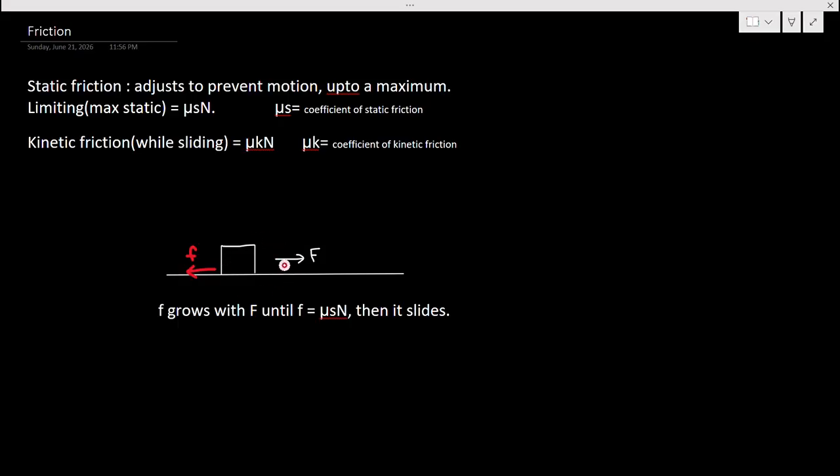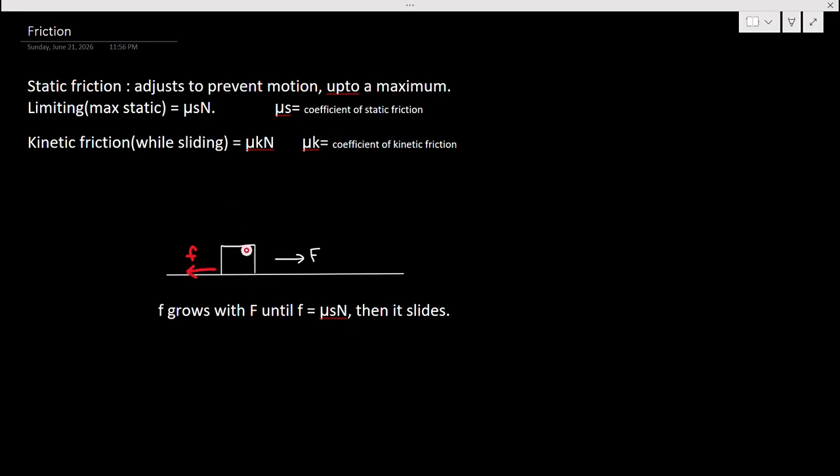So for the duration from time zero till the time it moves, there is a static friction which is working. As I start to pull the block, there will be friction which tries to resist the motion of the block. That is static friction. But it will reach a certain point after which it will not be able to resist the motion, and it will let go of the block. That point is the maximum of the static friction, which is mu s n.